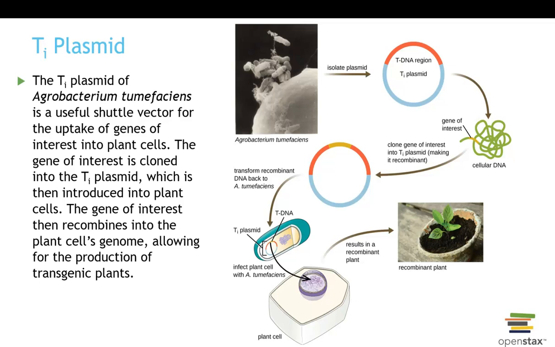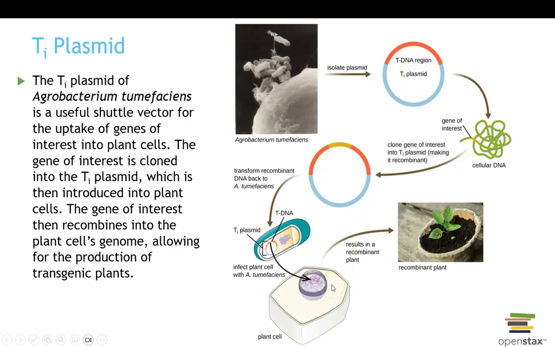So it's like a cancer for plants, and they modify this Ti plasmid: they remove the pathogenic genes from the plasmid, and then they clone the gene of interest into the Ti plasmid, and then they can introduce the Ti plasmid into the plant cells.